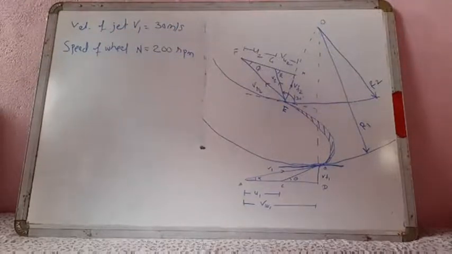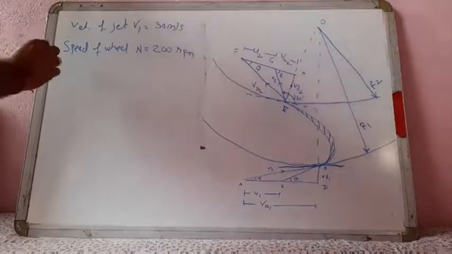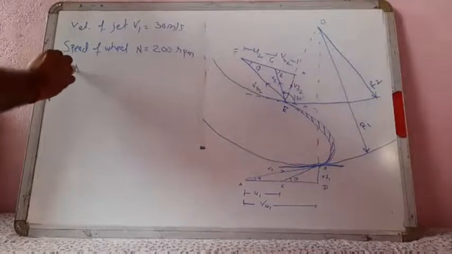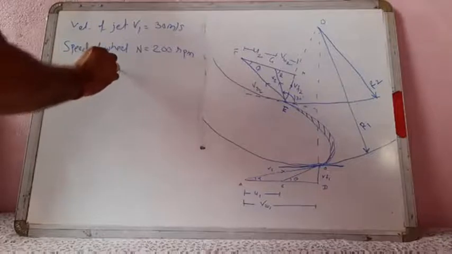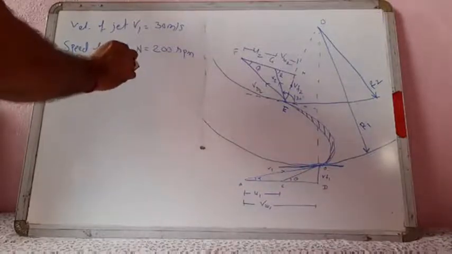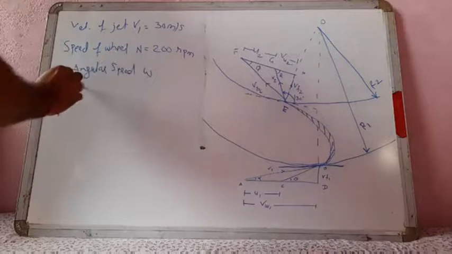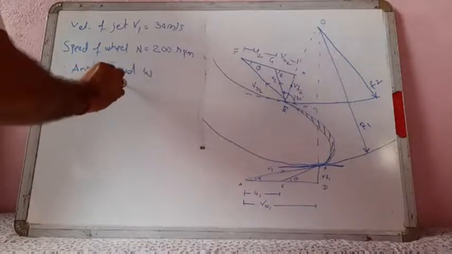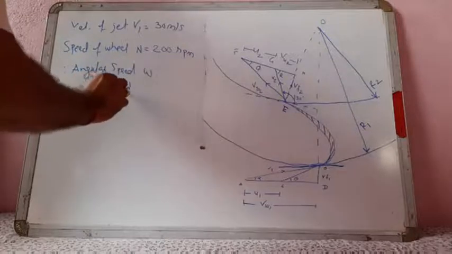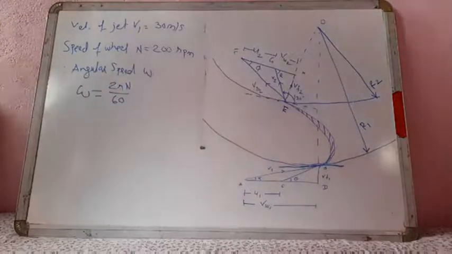So the angular speed omega equals 2 pi N by 60.